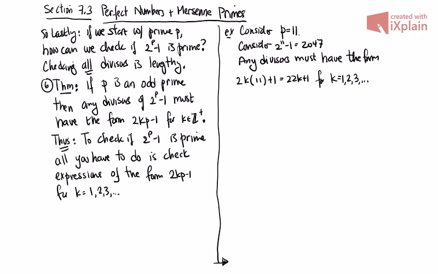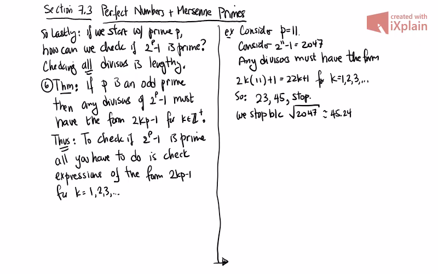Now notice when we look at those, when k equals 1, we get 23. When k equals 2, we get 45. And when k is 3, we get higher. So we can stop there, because if you look at the square root of 2047, this is approximately 45.24.